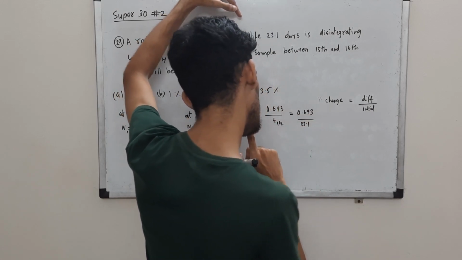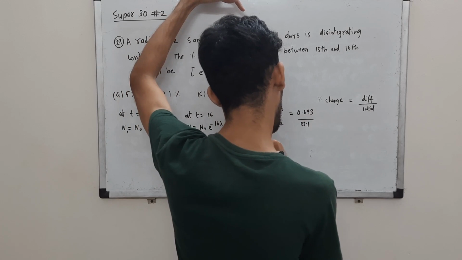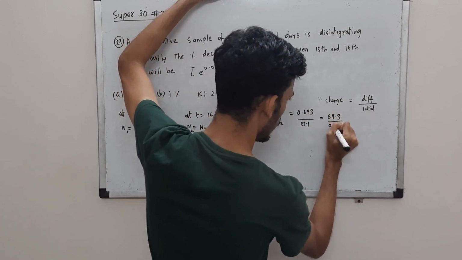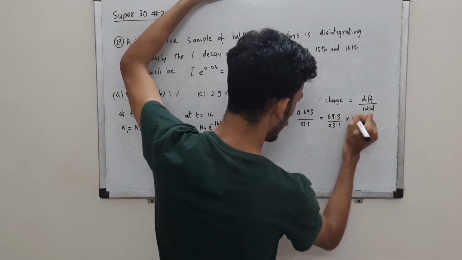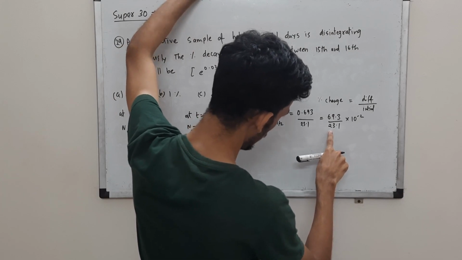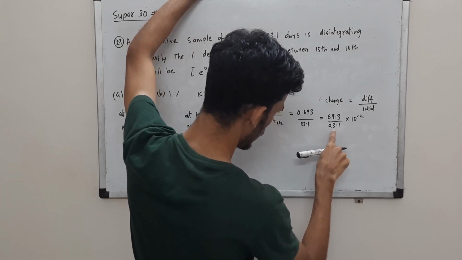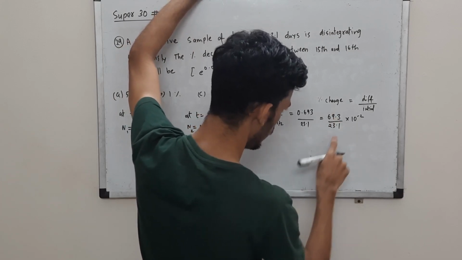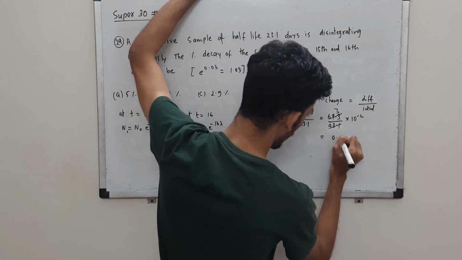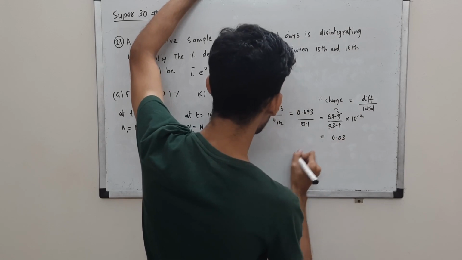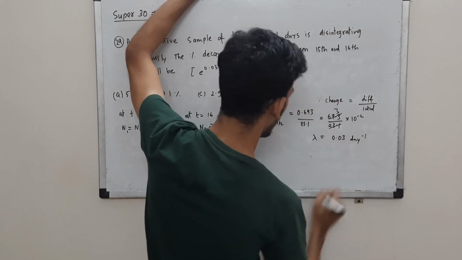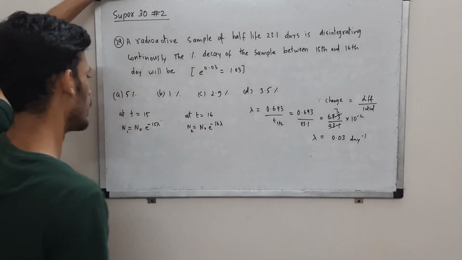If you see, this is 3 times, so I can write this as 69.3 upon 23.1 into 10 to the power minus 2. 3 2s are 6, 3 3s are 9, 3 1s are 3, so this is 3 into 10 to the power minus 2, which is 0.03. This is per day, day inverse. That is why they have given this info.